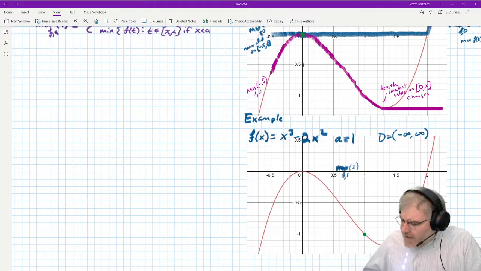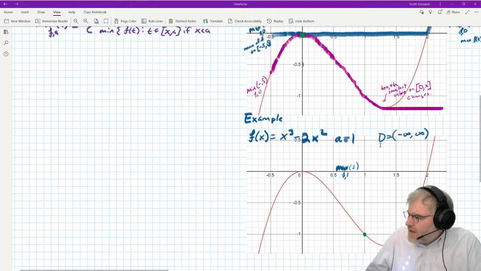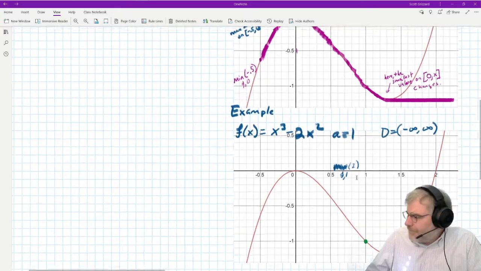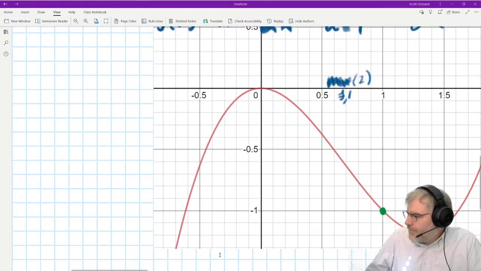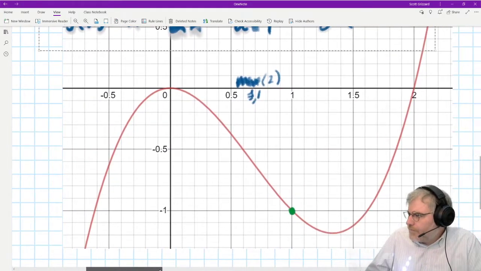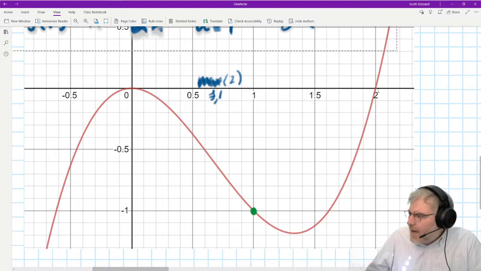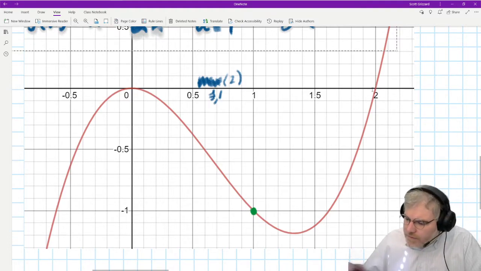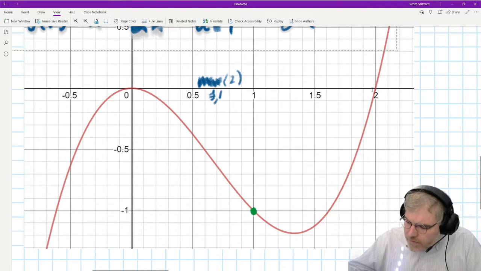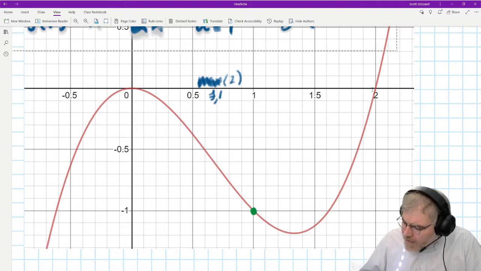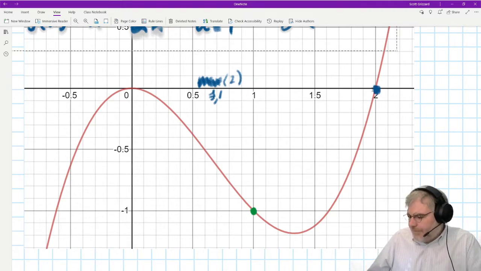What is the max on this interval, from 1 to 2? Is the max here? Right, the max is way up here. The max for 2 is way up there.